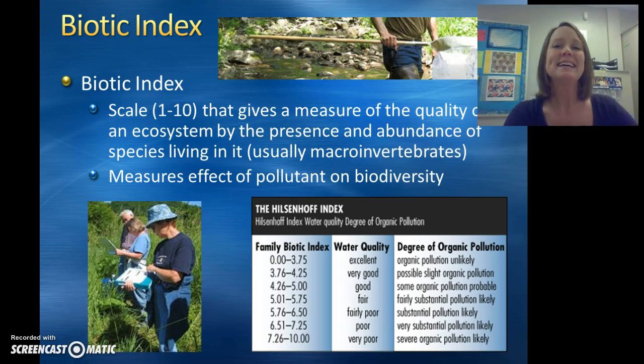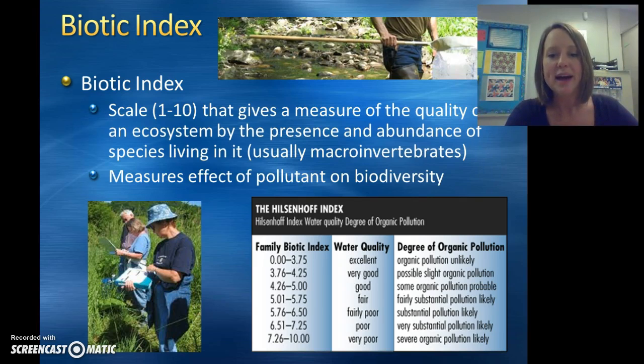A biotic index is a measurement on a scale of 1 to 10 that measures the quality of an ecosystem based on the types of species and how many of each are living in that particular ecosystem. We're usually looking at macroinvertebrates. And what it does is it helps us get an idea of what the effect of a certain pollutant is on the biodiversity.